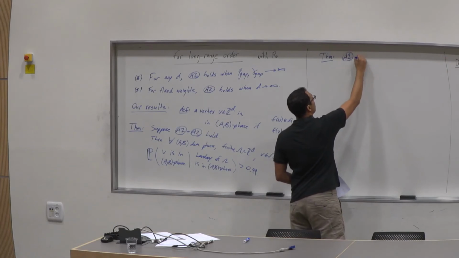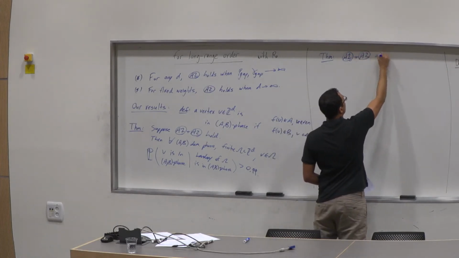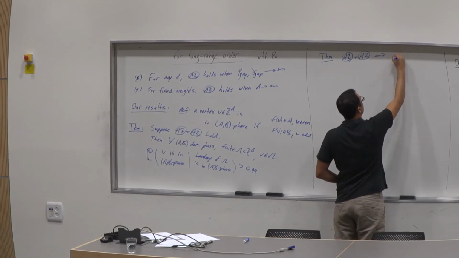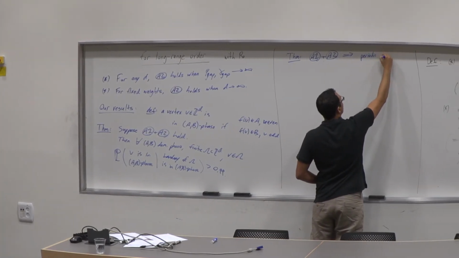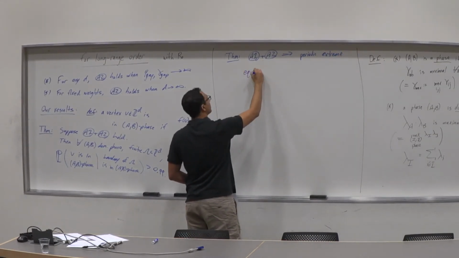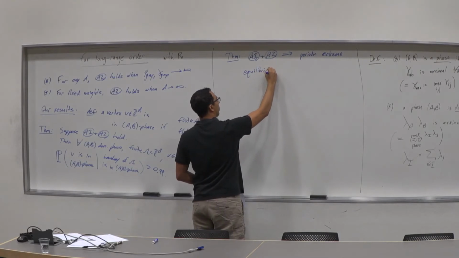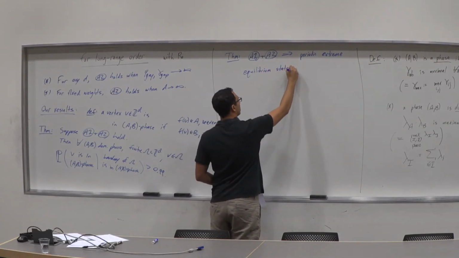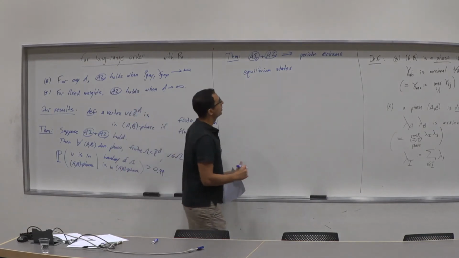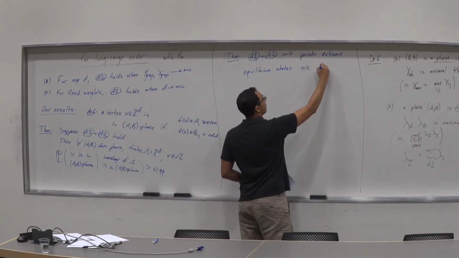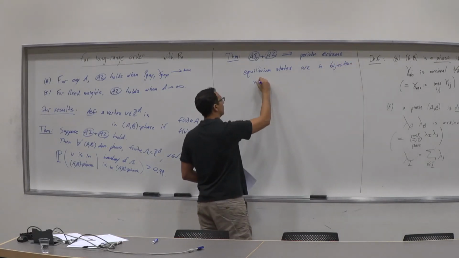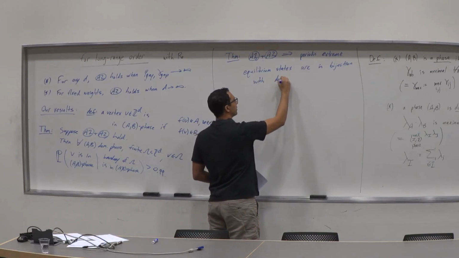So A1 plus A2 implies that the periodic extreme equilibrium states, where an equilibrium state is just a Gibbs state of maximal pressure, are in bijection with the dominant phases.